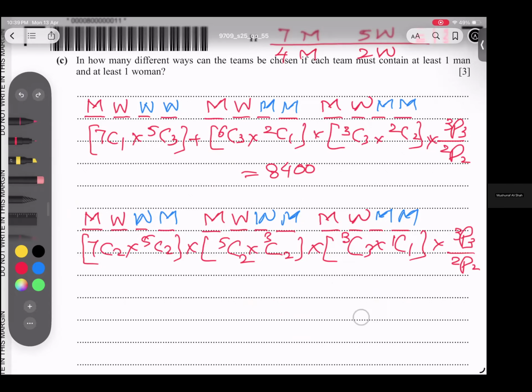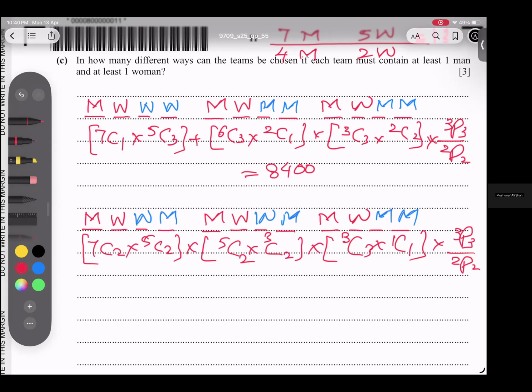And now I'm typing this alone. Wait a minute, students. 7C2 into 5C2 into 5C2 once again into 3C2, and the rest part I'm not typing, I'm not wasting time. And that answer multiply by 3P3 and divide by 2P2.